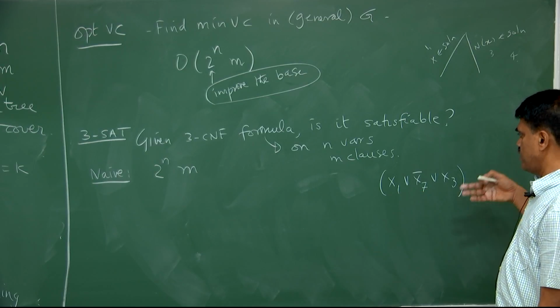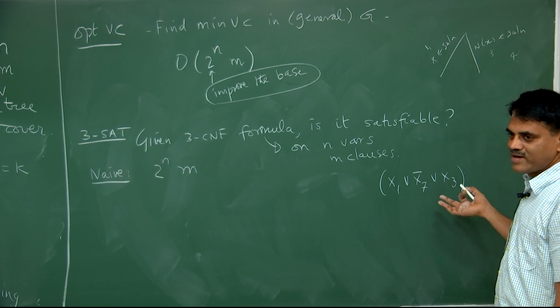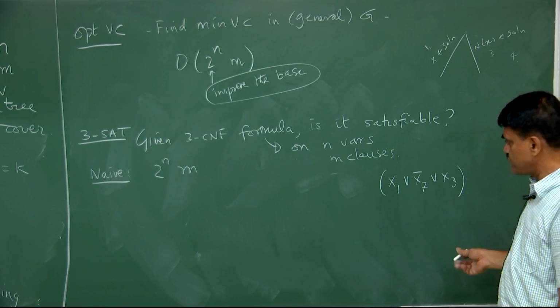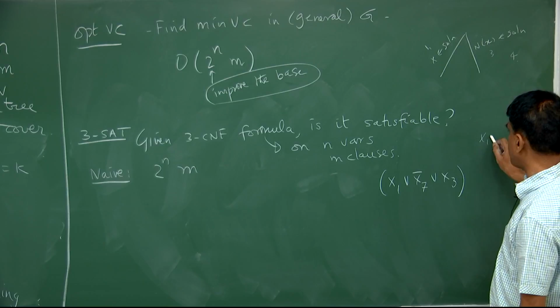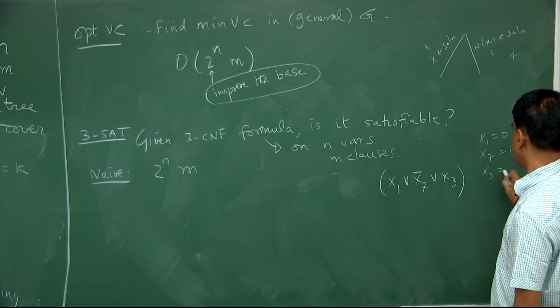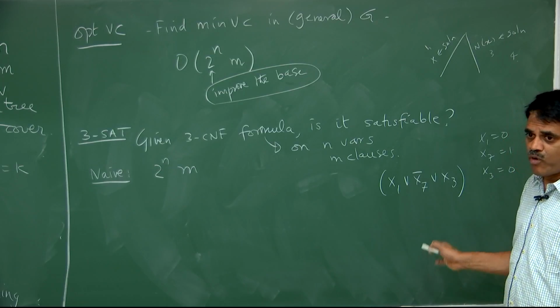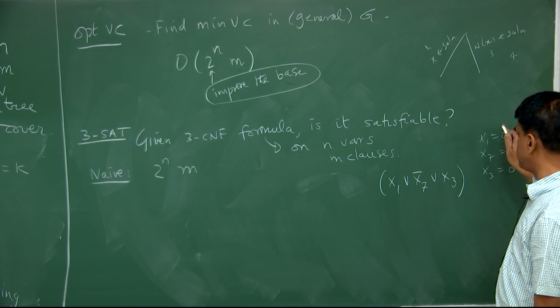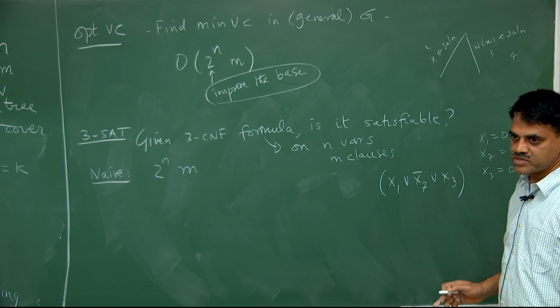Clearly, some assignment I shouldn't even try testing. Which assignment? 0, 1, 0. So if I set x1 equal to 0, x7 equal to 1, x3 equal to 0, don't even bother trying any assignment which does this for these 3 variables.